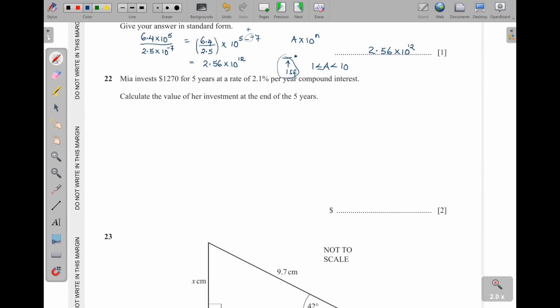So for compound interest, the amount is equal to the principal times (1 plus r over 100) to the power t. So this is going to be 1,270 times (1 plus 2.1 out of 100) to the power 5. And this will be 1,270, then inside here we shall have 1.021 to the power 5.